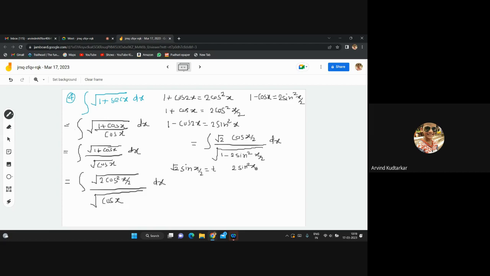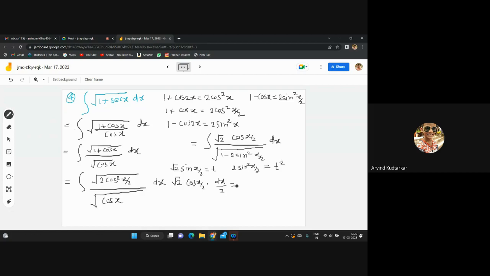That equals root of the derivative of root 2 sin x by 2 with respect to x. What is the derivative? Root of 2 into derivative of sin is cos x by 2. And again you find the derivative of x by 2, it is dx by 2. That equals dt. Okay, so root 2 gets cancelled. They remain only, yes.